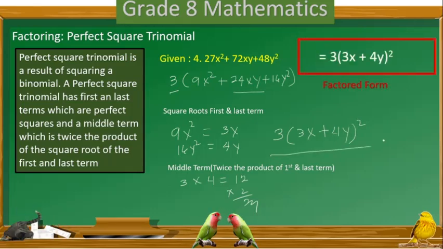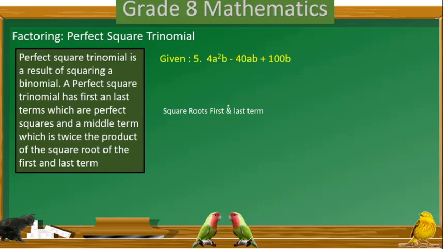Okay, the last one. So same now. Because yes, for 4 we can find the square root, but not for 100. We can find it for 100, but for b there's none. So we have to find the factor of this using the common monomial factoring. So for this we have 4.